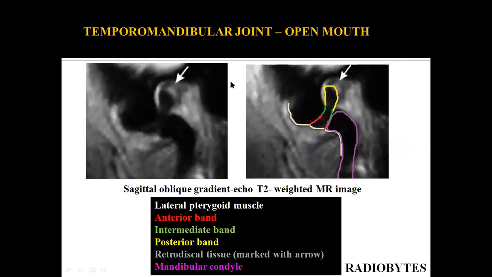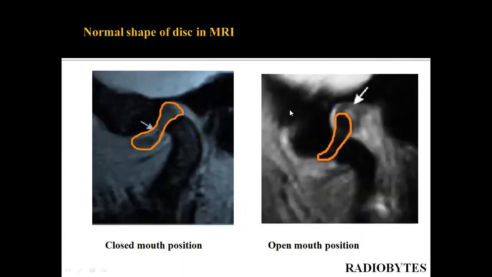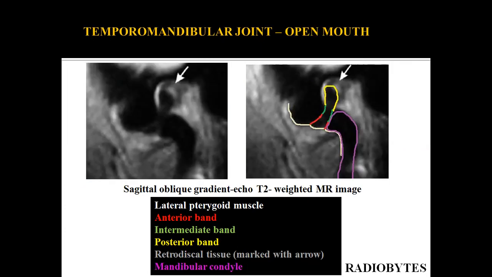So this is another MRI image in sagittal section, but in open mouth position. Here, the disc can be appreciated as follows. The region marked here in white represents the lateral pterygoid muscle. The one in red marks the anterior band.